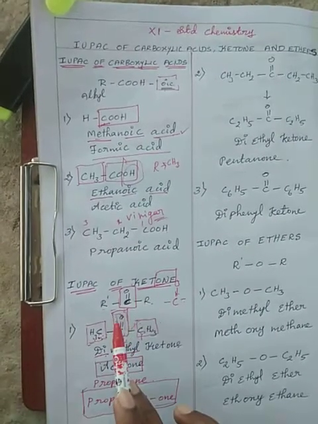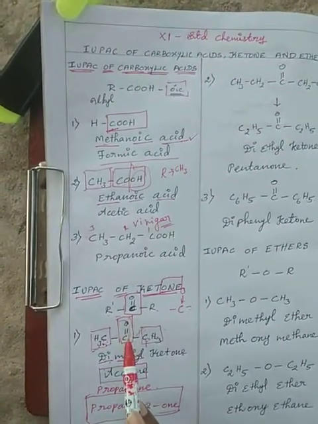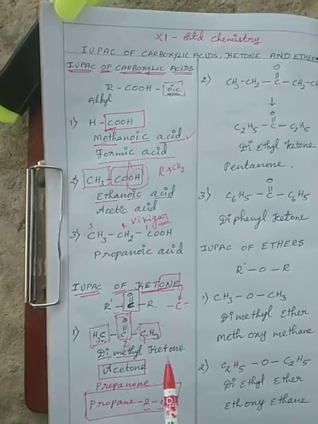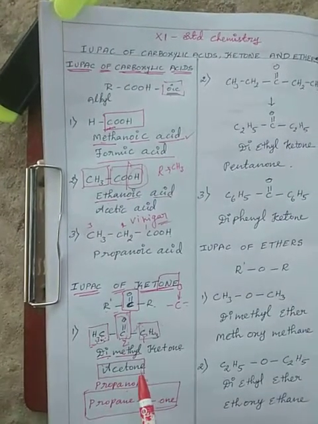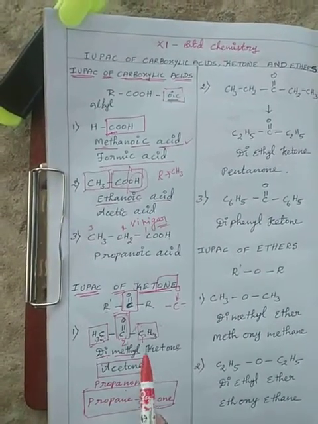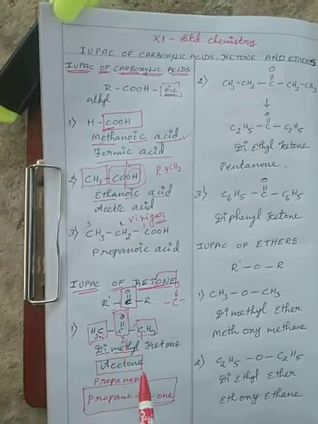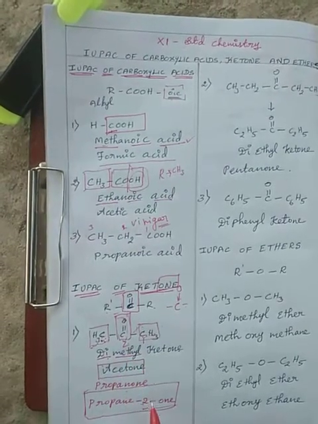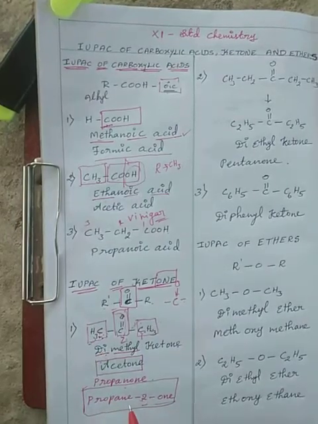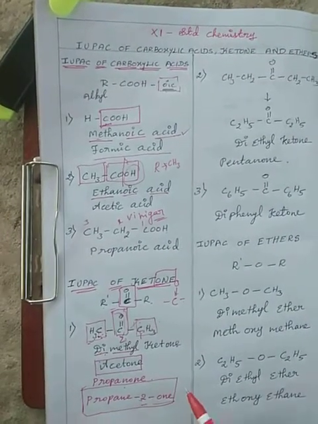The center carbonyl group is called ketone: dimethyl ketone. Common name: acetone. The other IUPAC name is propanone, and perfectly, the ketone is present at position 2. So 3 carbons, propane, and 2-one.